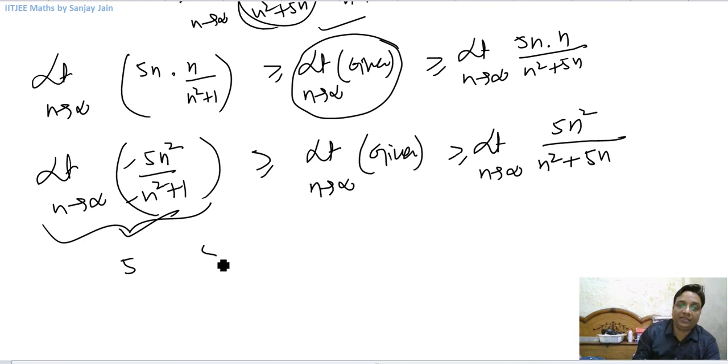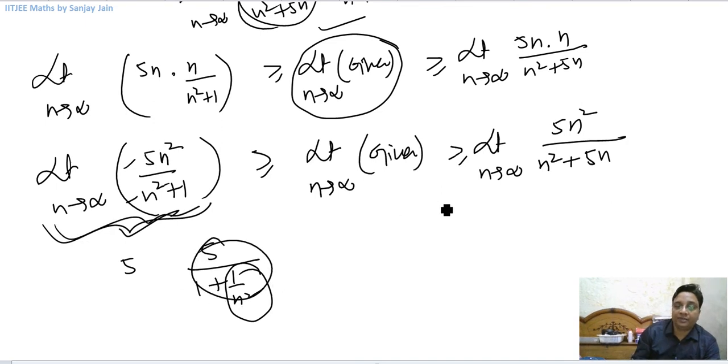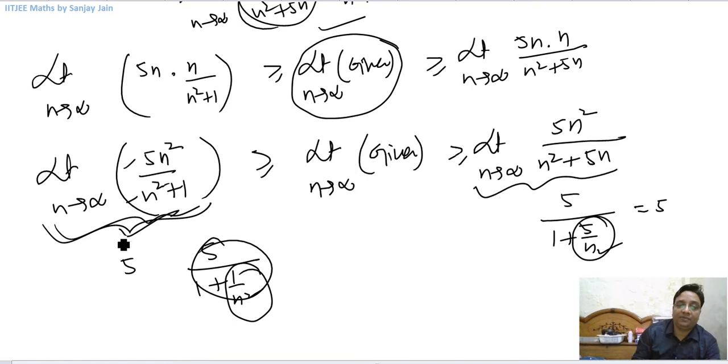Similarly in this, if you divide numerator and denominator by n square, the numerator will become 5, denominator will become 1 plus 5 by n. Now if you put n equal to infinity, this term will become 0, so 5 by 1 equals 5. So both these limits are the same and equal to 5.